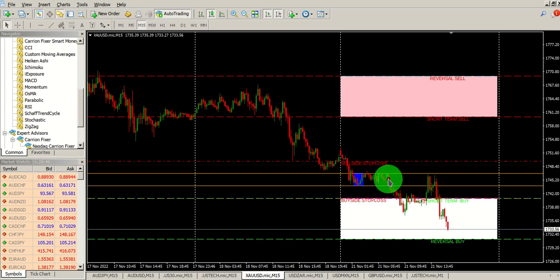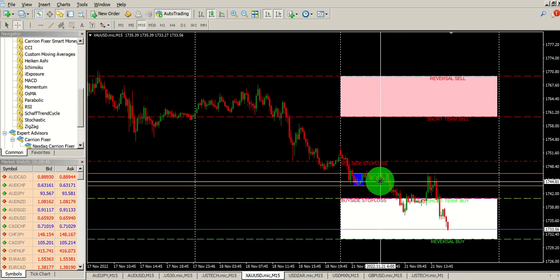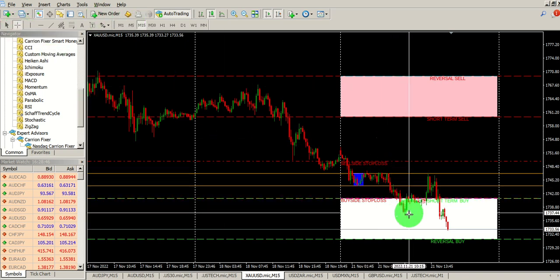Gold, same thing. Pretty much the market didn't really play out like I thought it would. But if you're following the strategy that I'm teaching you, you could have caught the opposite trade in a buy direction, even though I wasn't really looking for a buy today, I was looking for sells.